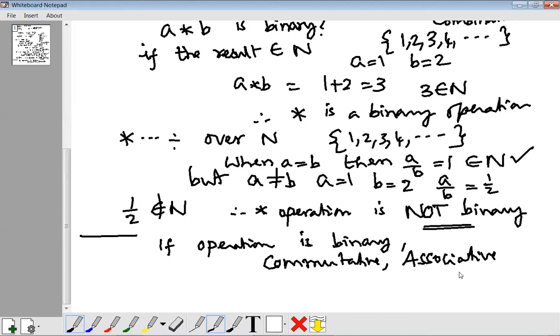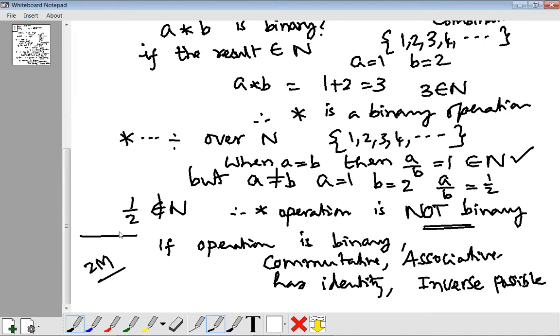And finally, whether it has an identity. Once it has an identity, whether an inverse operation is possible. So these are all the properties, and this is where you'll have many 2 marks questions coming. This is where the 2 marks questions start. This is the 1 mark.